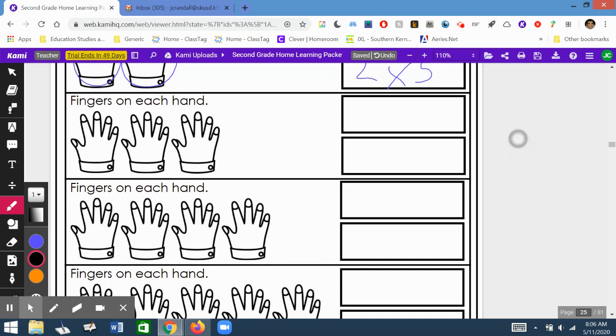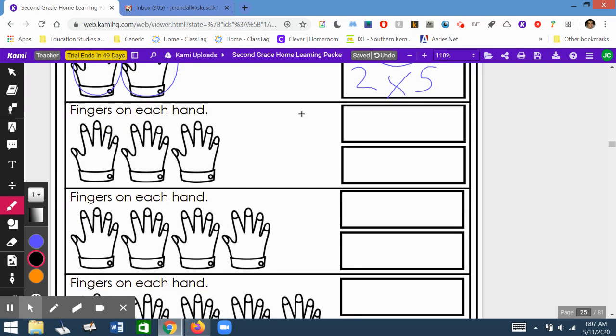Let's do the next one. Fingers on each hand. We've got 1 group, 2 groups, 3 groups. So we have 3 groups of, and how many do we have in each hand? 1, 2, 3, 4, 5. 5 fingers, 3 groups of 5. And what did I say groups of means?